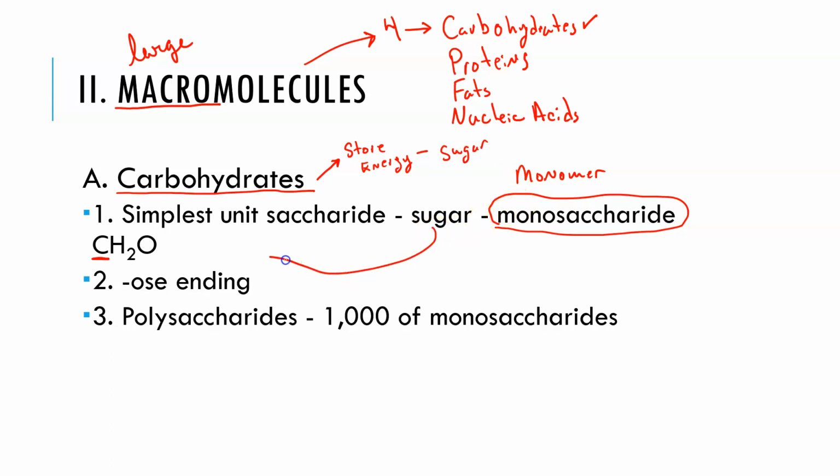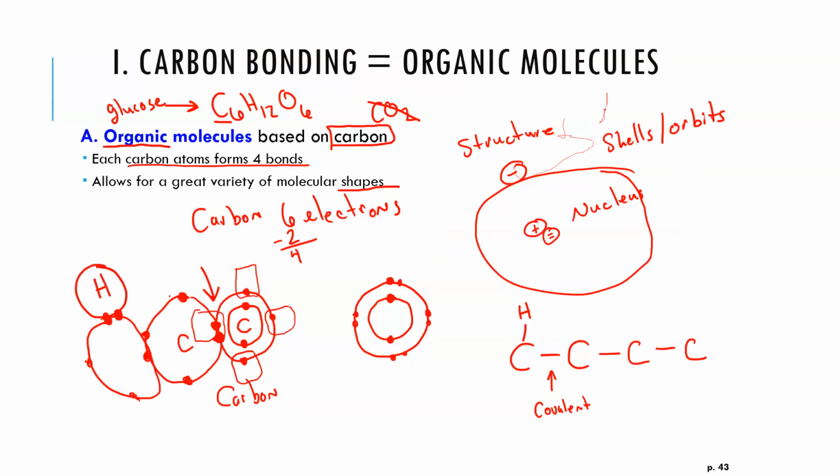And one of the ways that you know you have a sugar is an OSE ending. So if you look back over here to this slide, notice right here how I have the word glucose, and notice again how there is an OSE ending. This again happens to be a sugar.